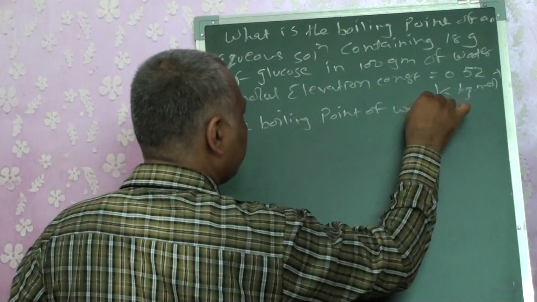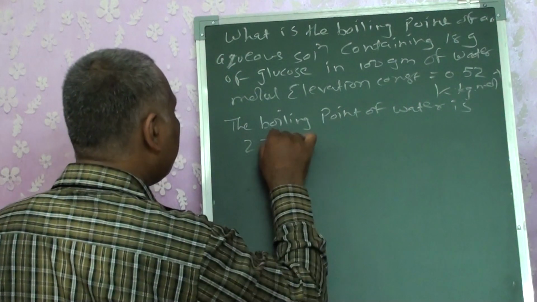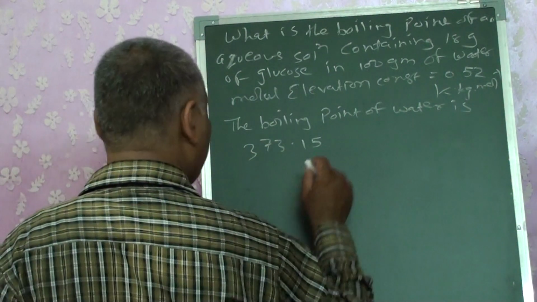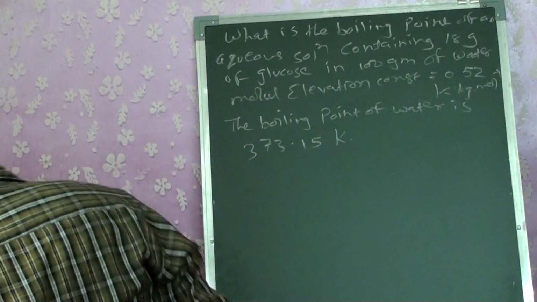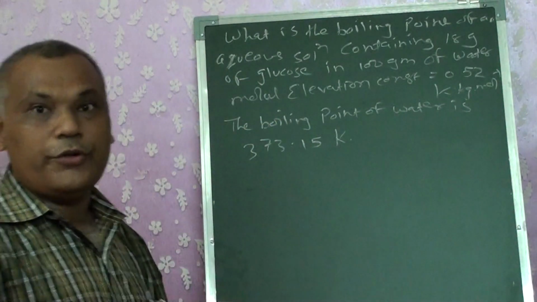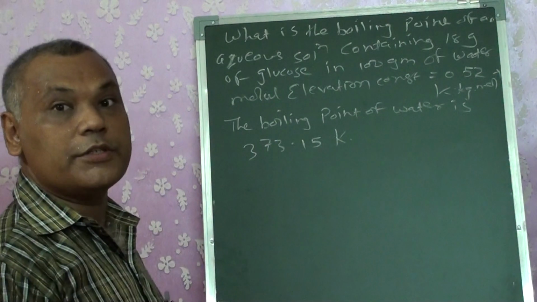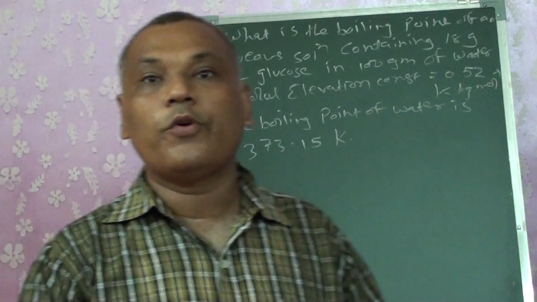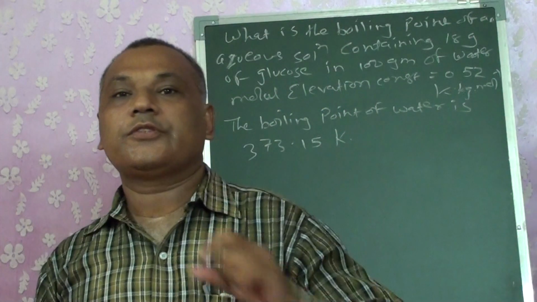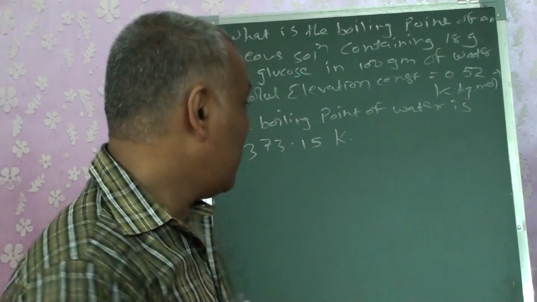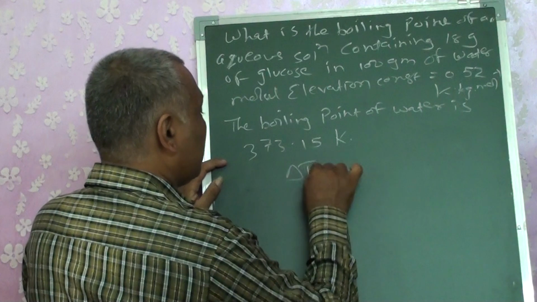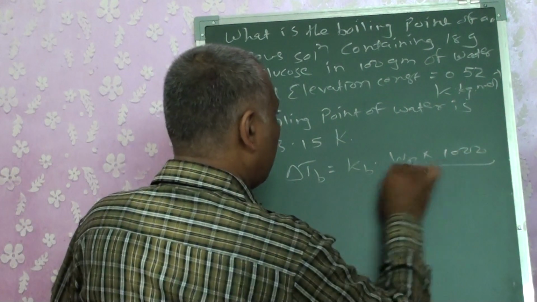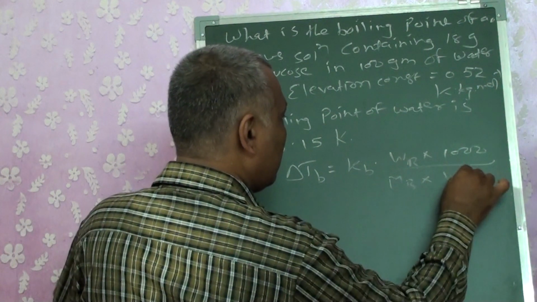And the boiling point of water is 373.15 Kelvin. Okay, now see, as I already told you in the previous sum, the boiling point of the pure solvent is given to us. We want to find out the boiling point of the solution. Can I first find out the change in the boiling point? Yes. If I calculate the change in boiling point, delta Tb is Kb into Wb into 1000 upon Mb into Wa.